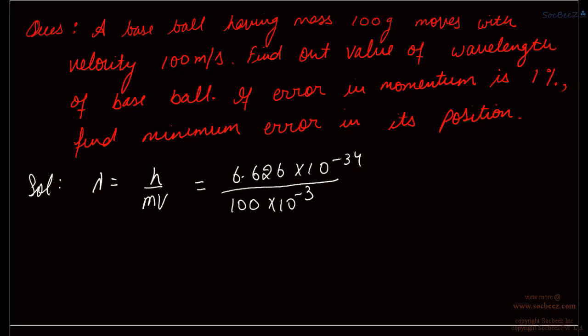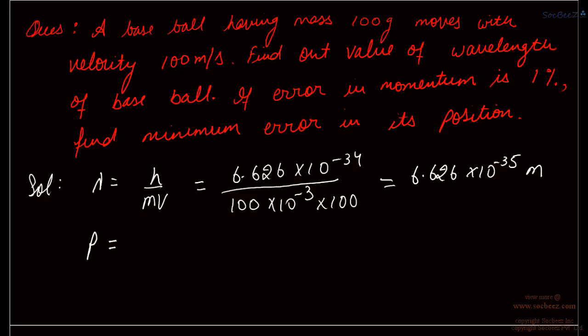Since the mass of baseball is 100 grams, converting it into kilogram, 100 into 10 raised to the power minus 3, into 100. So we get the value of wavelength as 6.626 into 10 raised to the power minus 35 meter.